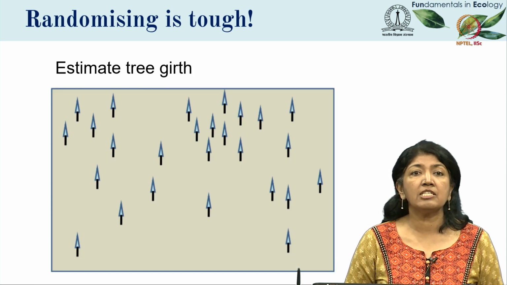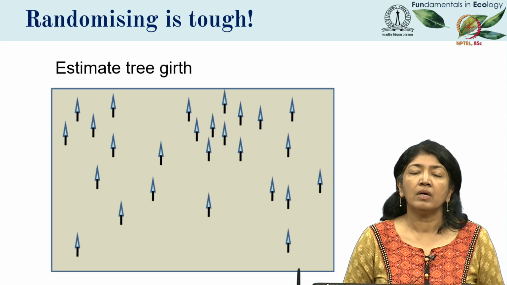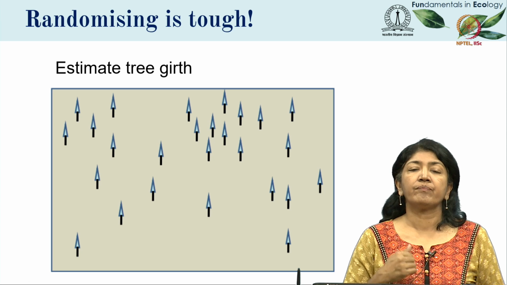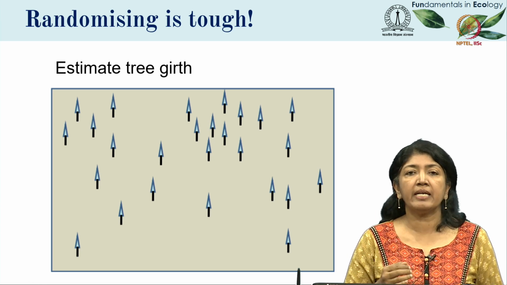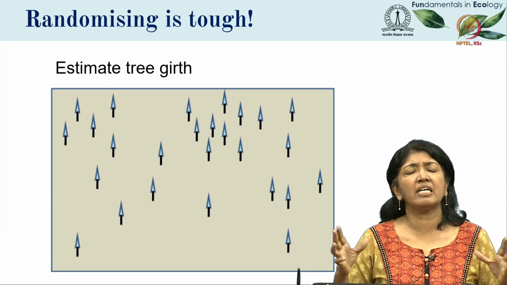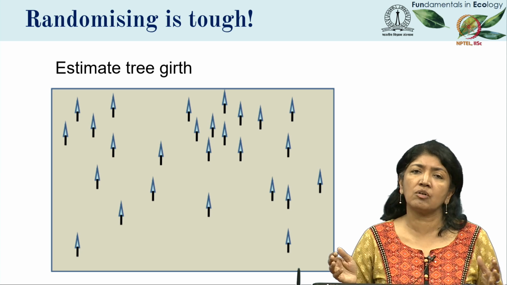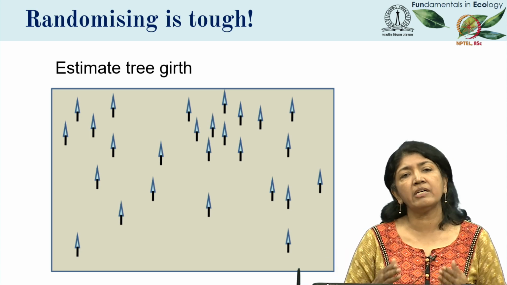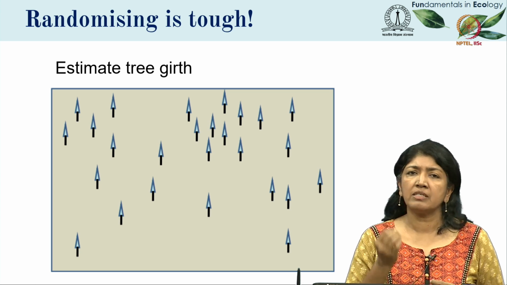Let's look at another example. So, let's say my objective is to estimate tree girth of a particular species of tree in a forest. So, this is a large area, large forest with thousands of trees, thousands of individuals of this particular tree species, and I want to know what is the mean tree girth.